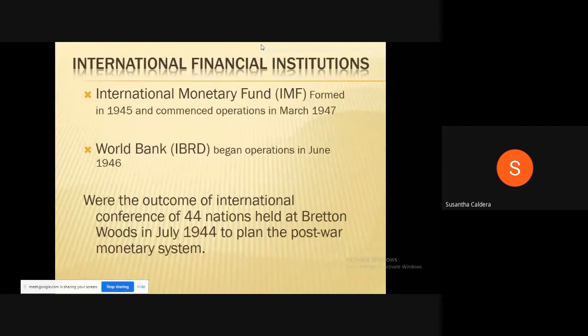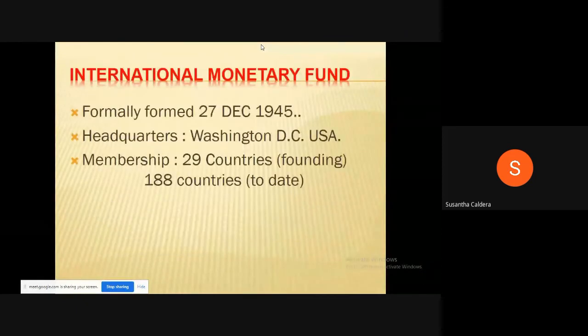Bretton Woods system, and because of that, this IMF was formed, right? That is on 27 December 1945. IMF headquarters, Washington DC, USA.